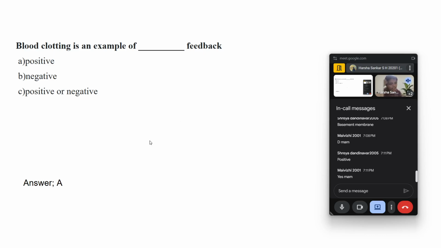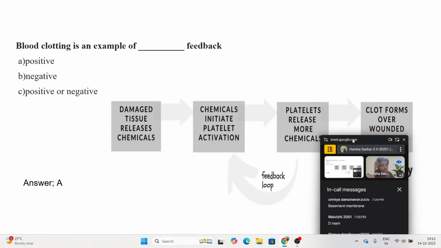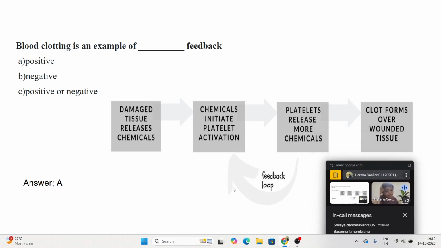If it's in the opposite direction, it would have been negative feedback, right? Damaged tissue releases chemicals, chemicals initiate platelet activation, and platelets release more chemicals. So platelet activation is leading to more chemicals. It's in the same direction. That's why it's known as positive feedback.